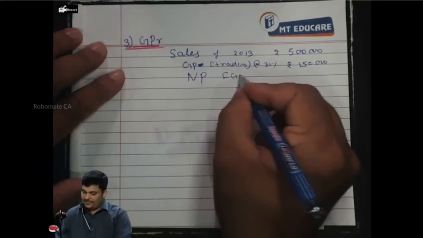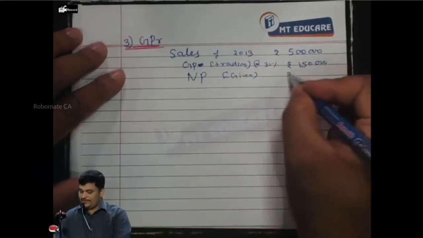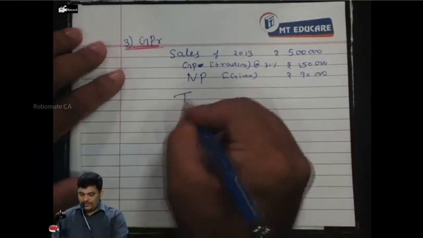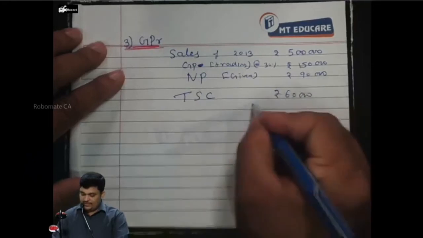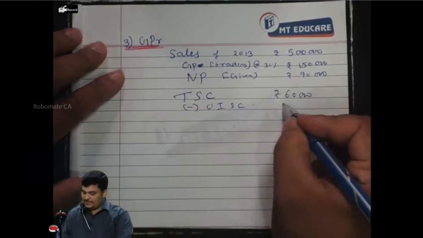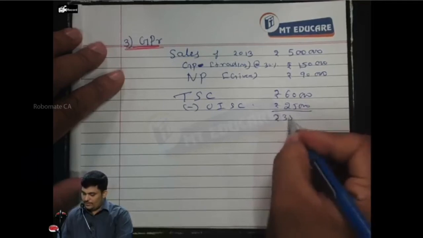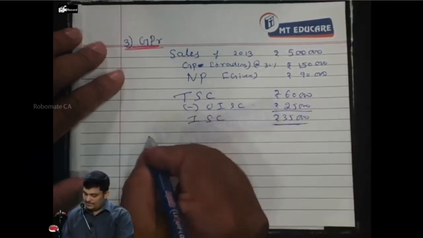Net profit given is 90,000. So total standing charges 60,000, minus uninsured standing charges 25,000. So the remaining is what? Insured standing charges.